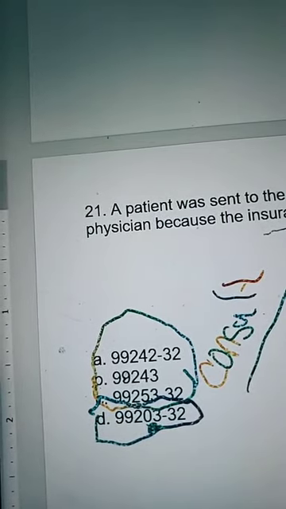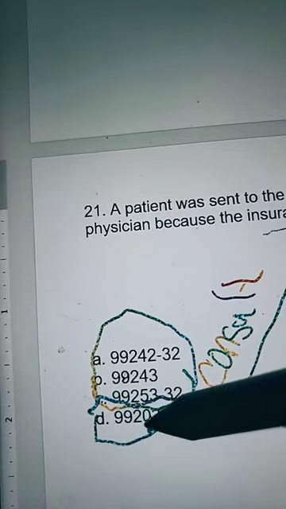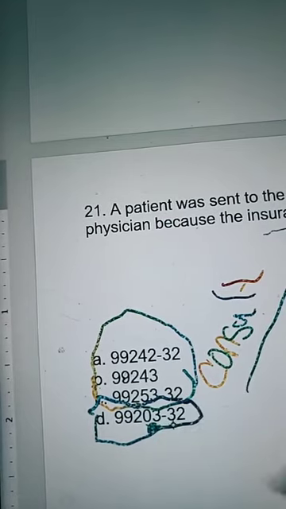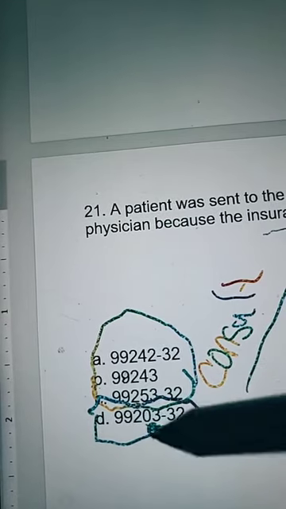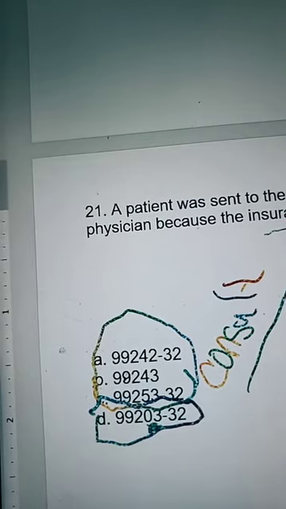So don't let AAPC trick you. If the patient referred himself to get a second opinion, it'll be an O number in the E&M, and then it'll also be that way if the insurance company asked for it. So I hope that's helpful.